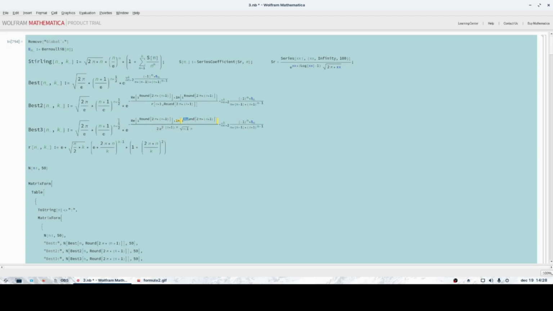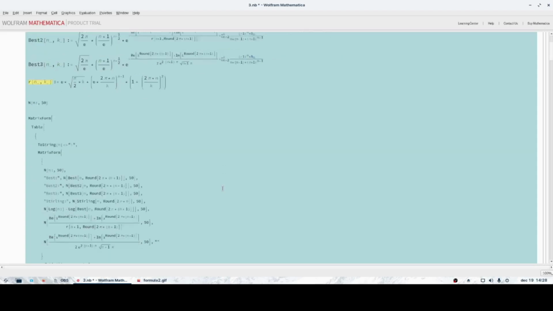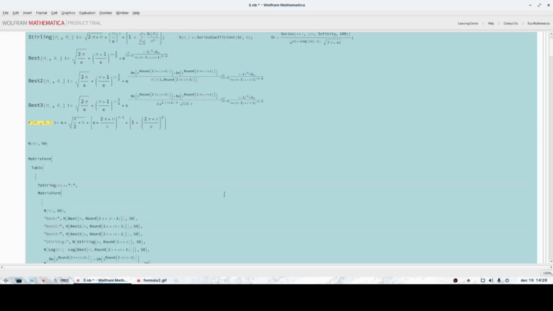But putting it all together, I made this test, and it seems that here I use the best formula. The best 2 is with the remainder term, and the best 3 is with such a beautiful formula as the remainder term.